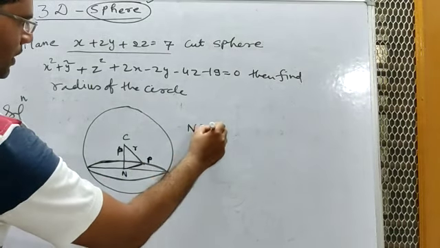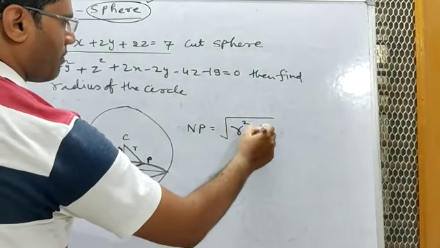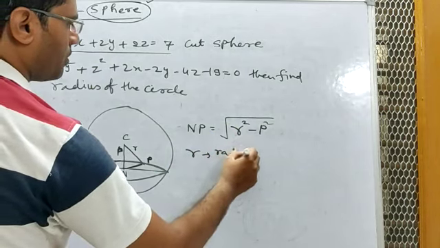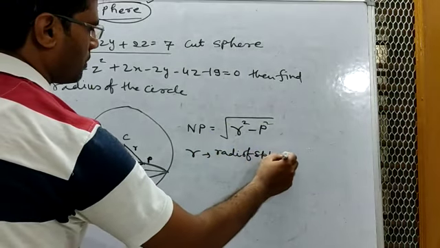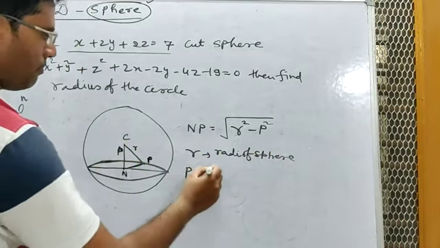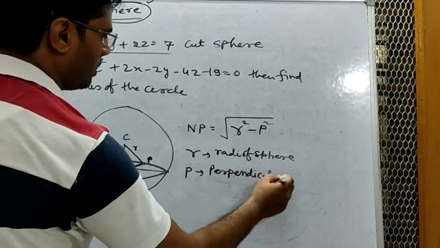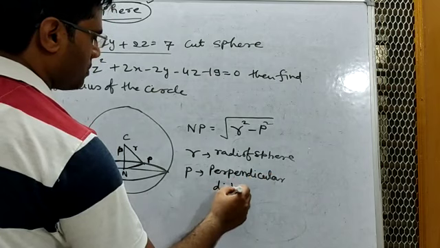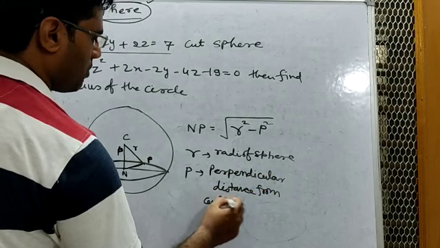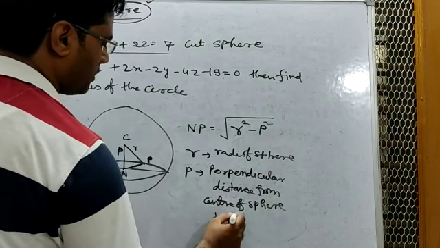That will be NP equal to root of R square minus P square, where R is the radius of the sphere and P is the perpendicular distance from the center of the sphere to the plane.